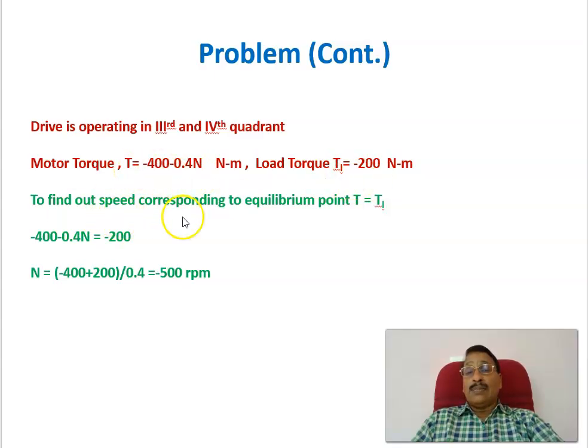So minus 400 minus 0.4 N is equal to minus 200. Now what is the corresponding N? N is equal to minus 500 rpm. Therefore this is the speed corresponding to the third quadrant for this load torque, TL equal to minus 200 Newton meter, and this motor torque.